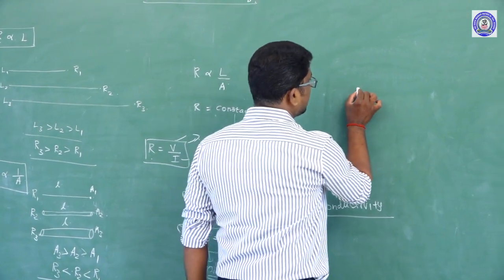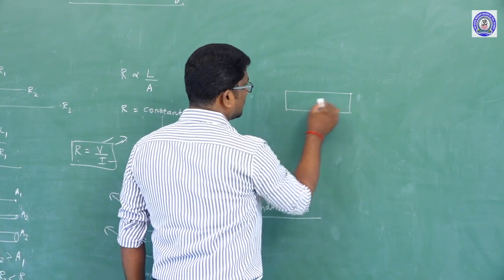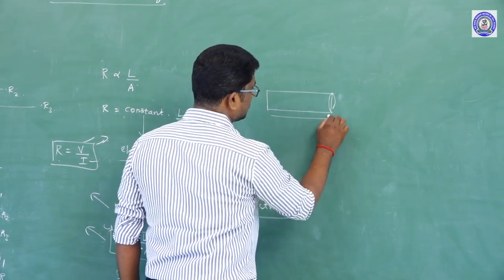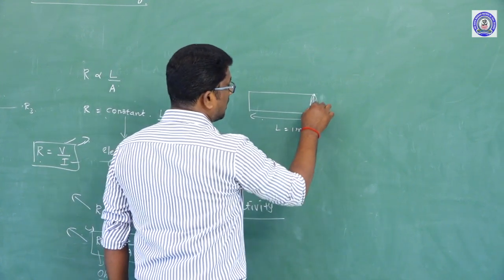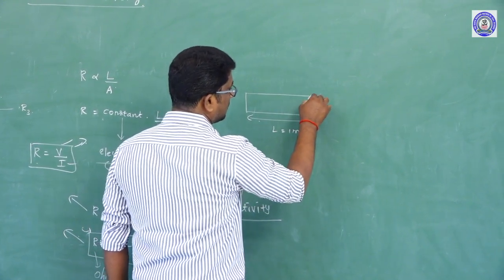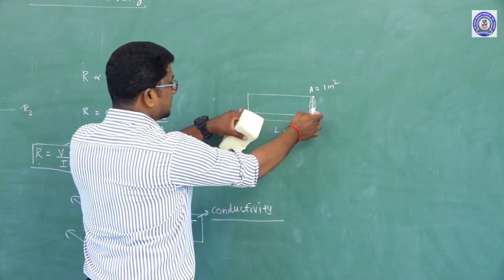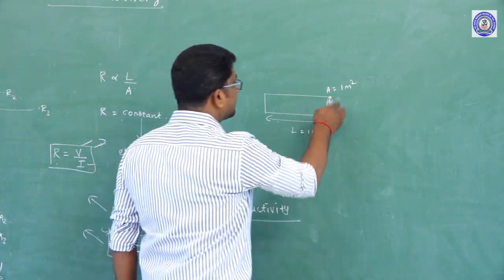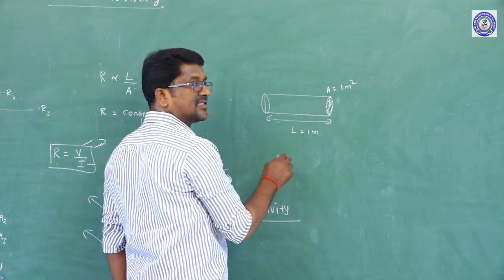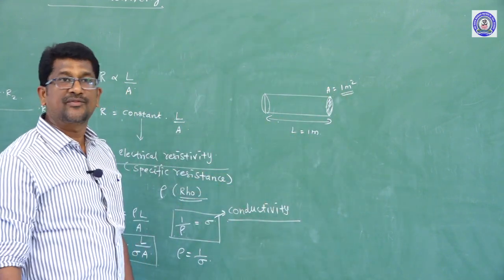Suppose let us consider a conductor of length L equal to 1 meter and area of cross section A equal to 1 meter square. That is, this conductor has unit length, meaning 1 meter length, and unit area of cross section, meaning 1 meter square area of cross section.